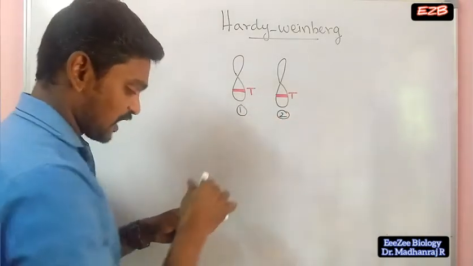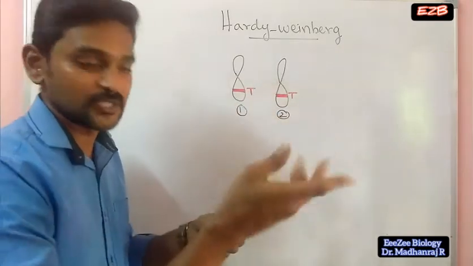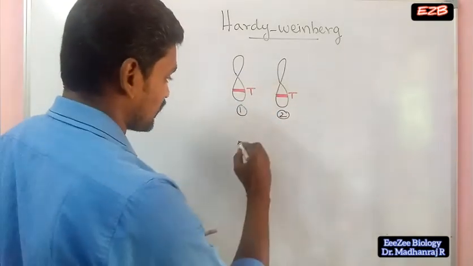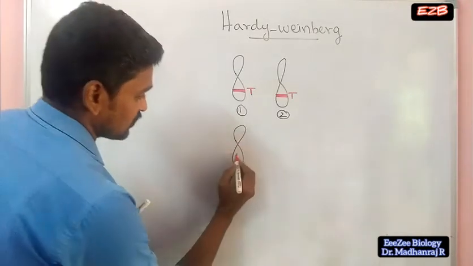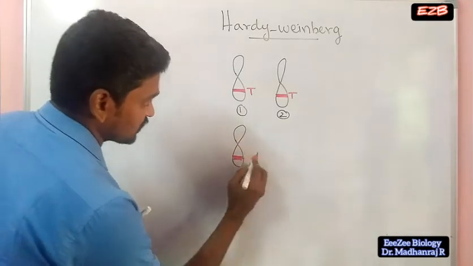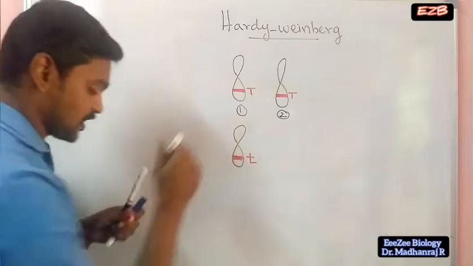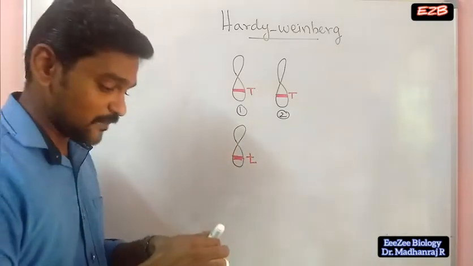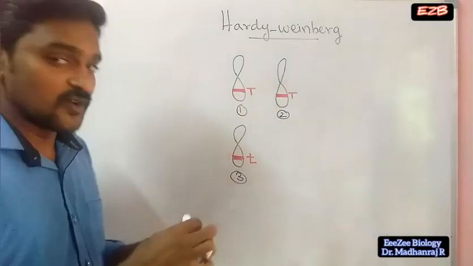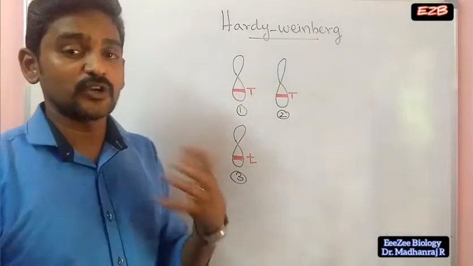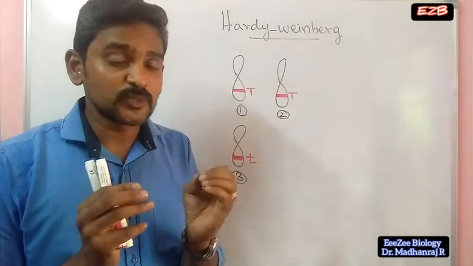Again, you randomly go for some other person, for example the third person. Here he has an allele that is not T, it is small t. The allele is different in the third person, but all at the same location on the first chromosome. Actually, we all know we have 46 chromosomes, that is 23 pairs.